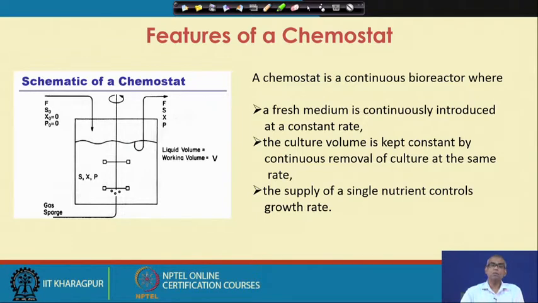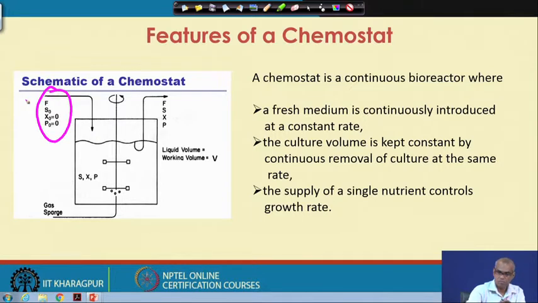The features of a chemostat are as follows. A chemostat is a continuous bioreactor where a fresh medium is continuously introduced at a constant rate. The culture volume is kept constant by continuous removal of culture at the same rate.